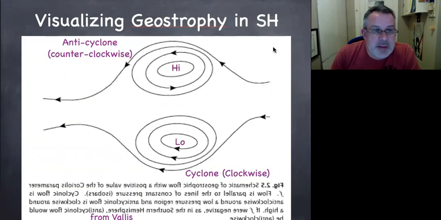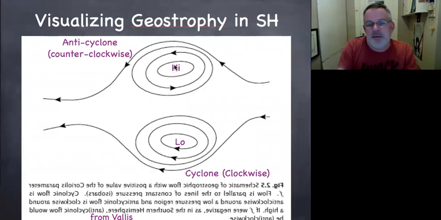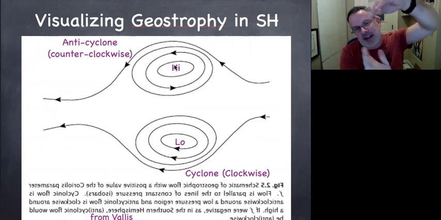Now we go to the southern hemisphere. Anticyclone is still around a high pressure zone, but it's going the other way because now f is pointing into the surface. The whole Earth is going around like this. We're pointing f upwards towards the North Pole, which means that it's down into the surface.